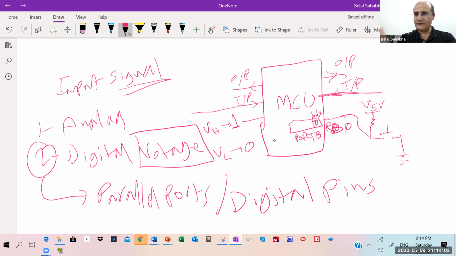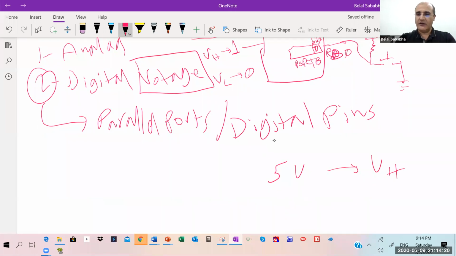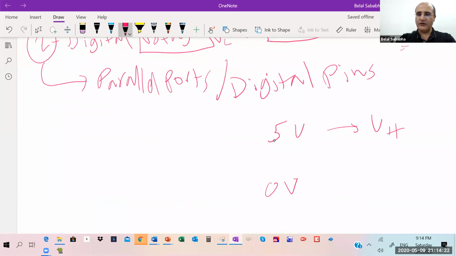Okay so far? Easy, right? So the voltage is either high or low, nothing in between. And what distinguishes that this voltage is high or low? I mean, if 5 volts, it means voltage high. 0 volt, voltage low. What's in between?